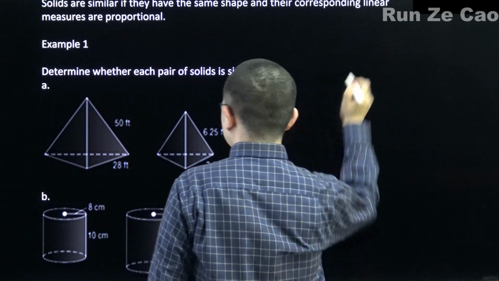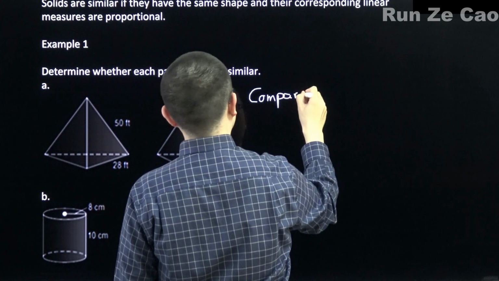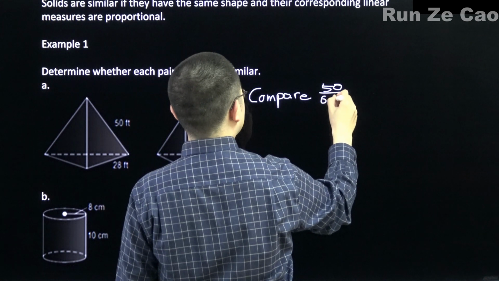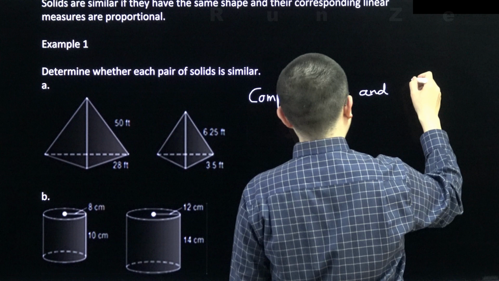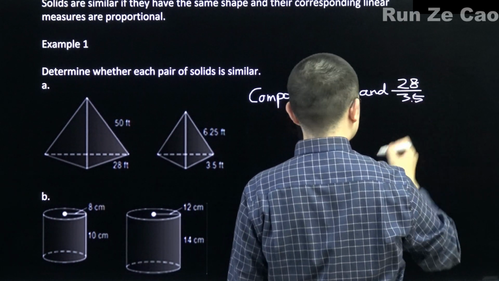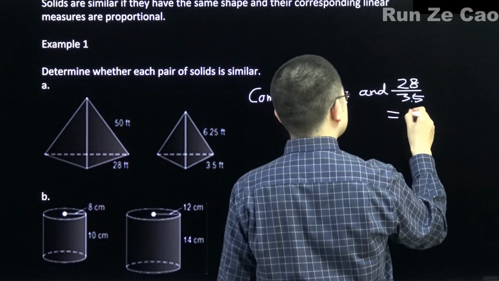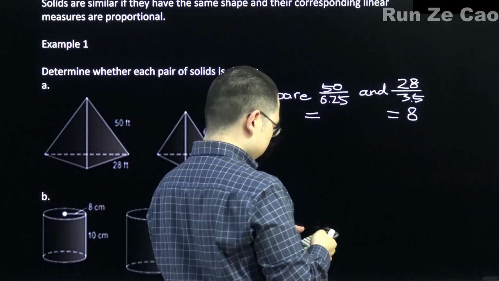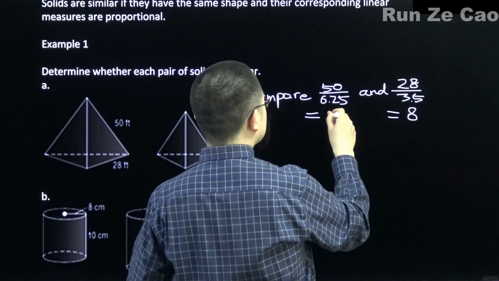So, compare 50 over 6.25 and 28 over 3.5. 28 over 3.5 is equal to 8. 50 divided by 6.25, yep, it's also 8.